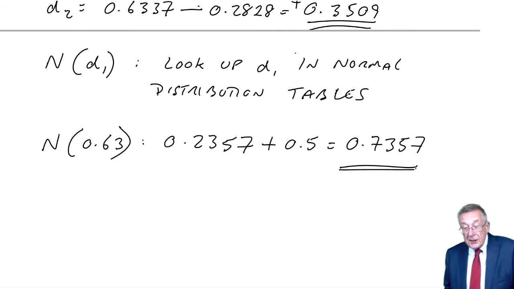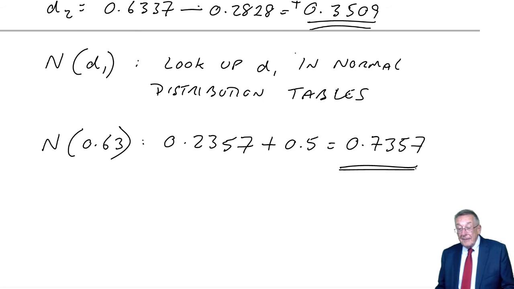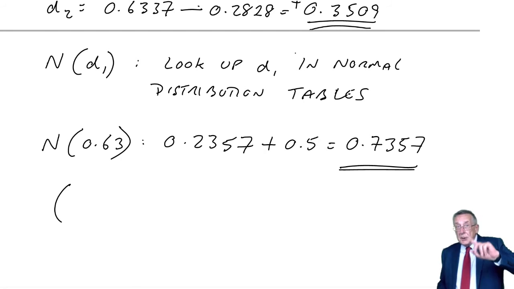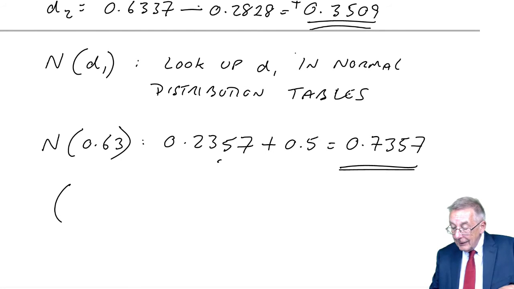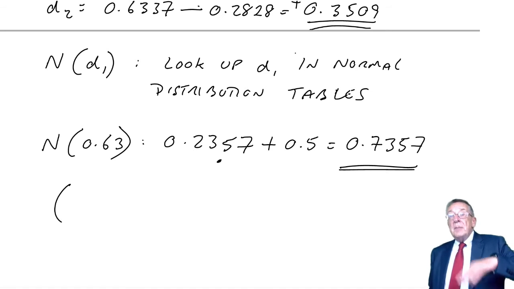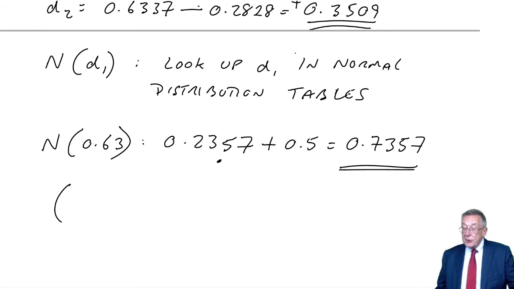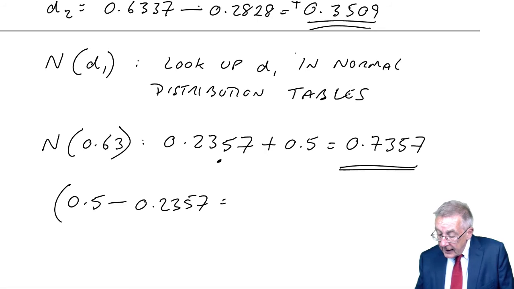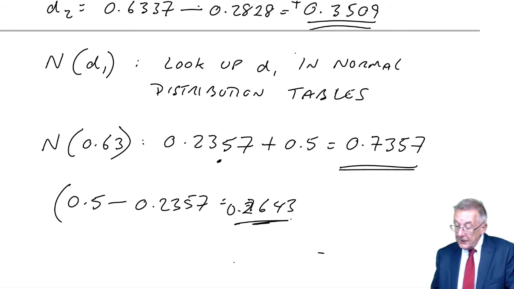Now, had you got D1 to be negative, just watch what would have happened. Had it been minus 0.63, you still look up 0.63 and we get that. But you then subtract this from 0.5, which would end up at 0.2643.